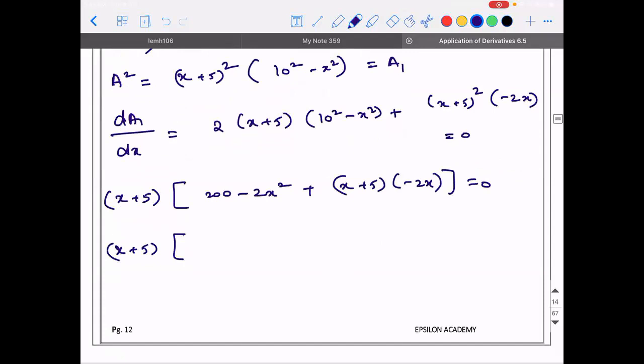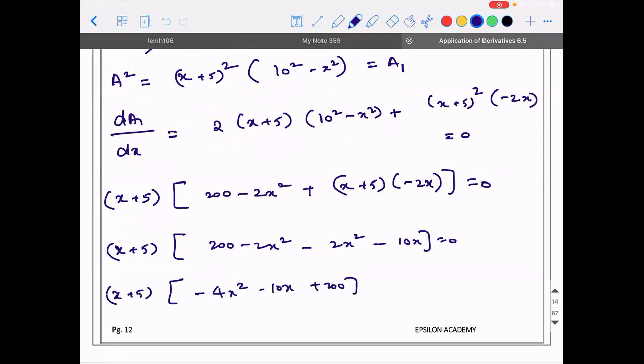So (x plus 5) into (200 minus 2x square minus 2x square minus 10x) equal to 0. So (x plus 5) into (minus 4x square minus 10x plus 200) equal to 0.